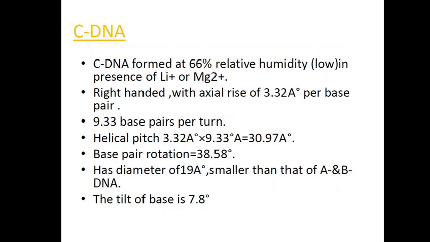There are 9.33 base pairs per turn; in the case of the B form, it was 10.4. The helix pitch is around 30.97, that means 31 angstrom. In the case of the B form, it was 34 angstrom. The rotation in this case is 38.58, with a diameter of 19 angstrom, which is comparatively smaller. The tilt of the base is 7.8 degrees.